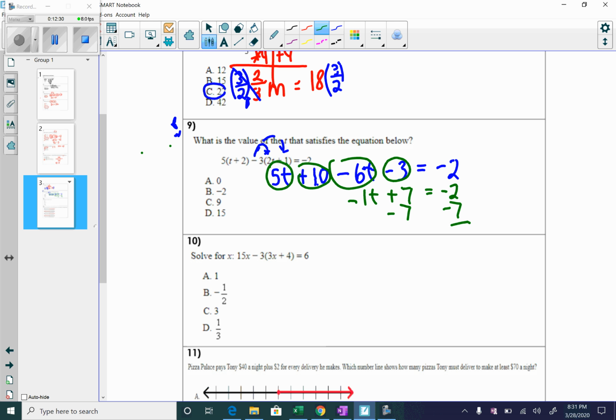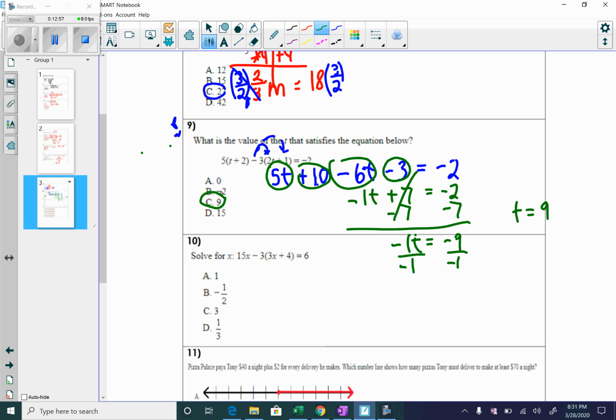Subtract 7 from both sides. So -1t equals -9. But be careful here. You have to divide both sides by -1. And that becomes t equals +9. So that is choice C. Okay, and again, you can always plug in 9 and check it.